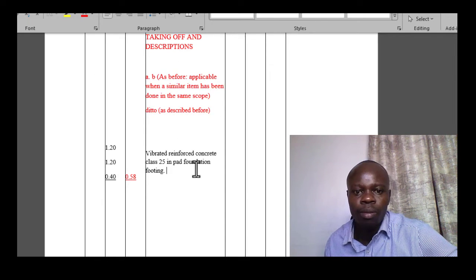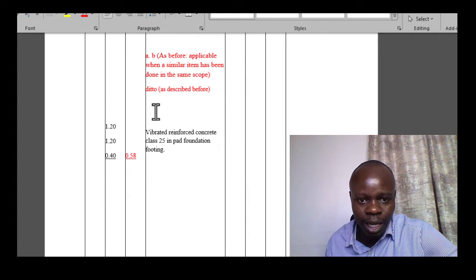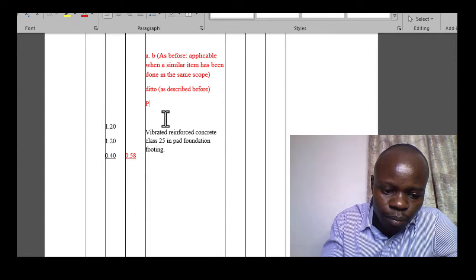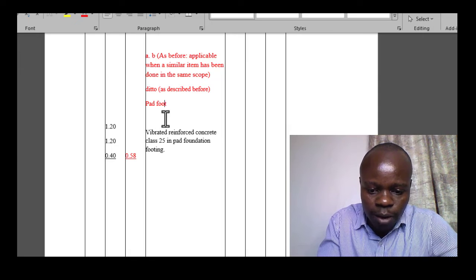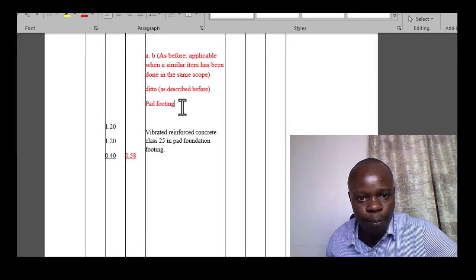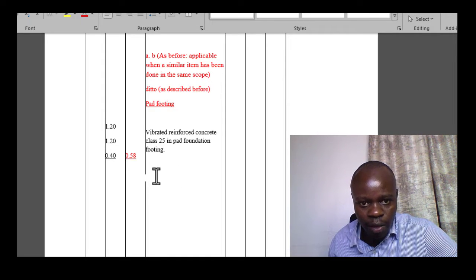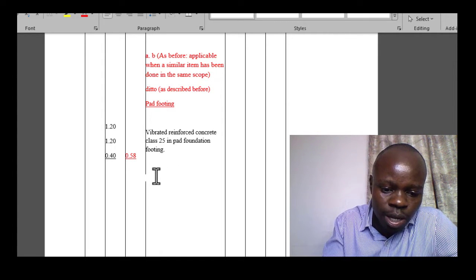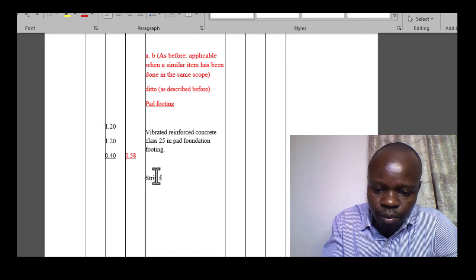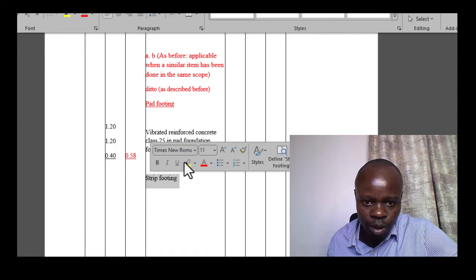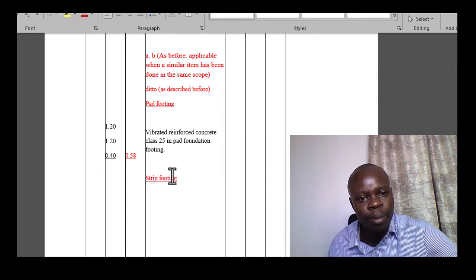Okay, then you realize that the next item, so this is footing. This is a pad footing, for instance. You've done your underline, you've specified that. Then the next item is, let me say, strip footing. Okay, strip footing. So in your strip footing, you realize that it should be the same description.